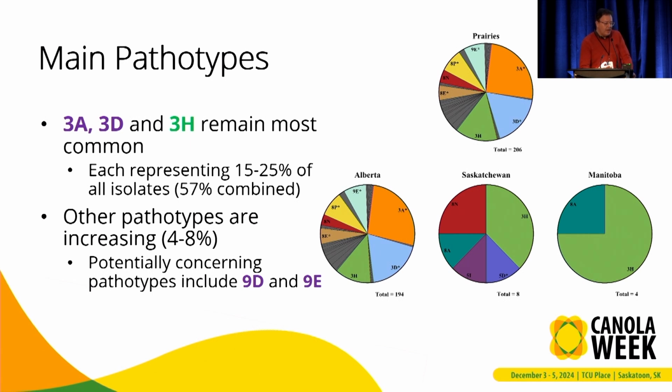However, they're not as predominant as they once were. If you go back to 2018 to 2020, they would make up 60, 70, 80% of all pathotypes we were finding. There are other pathotypes that we have noted are increasing. They're still fairly rare, but they're not one-offs, for example maybe 4 to 8% of all samples tested.